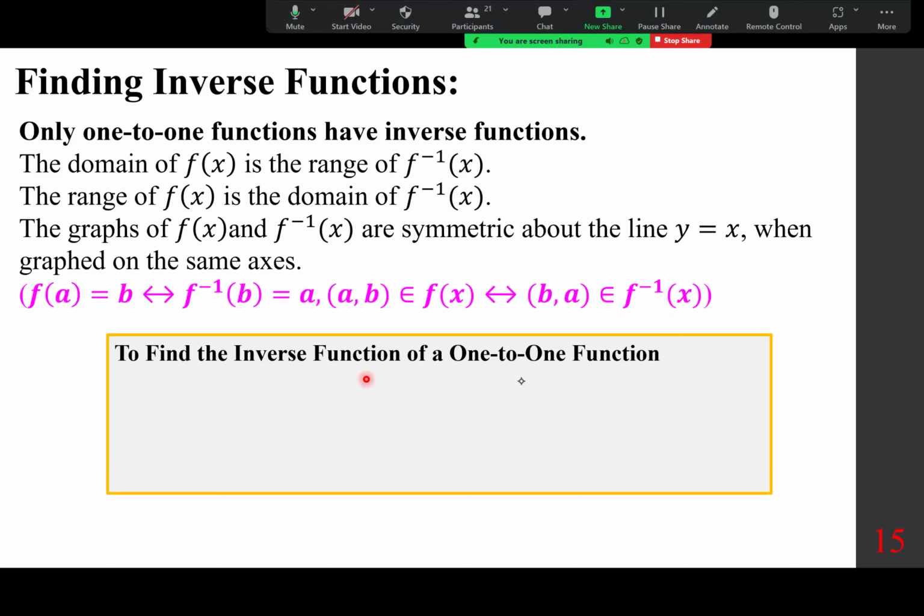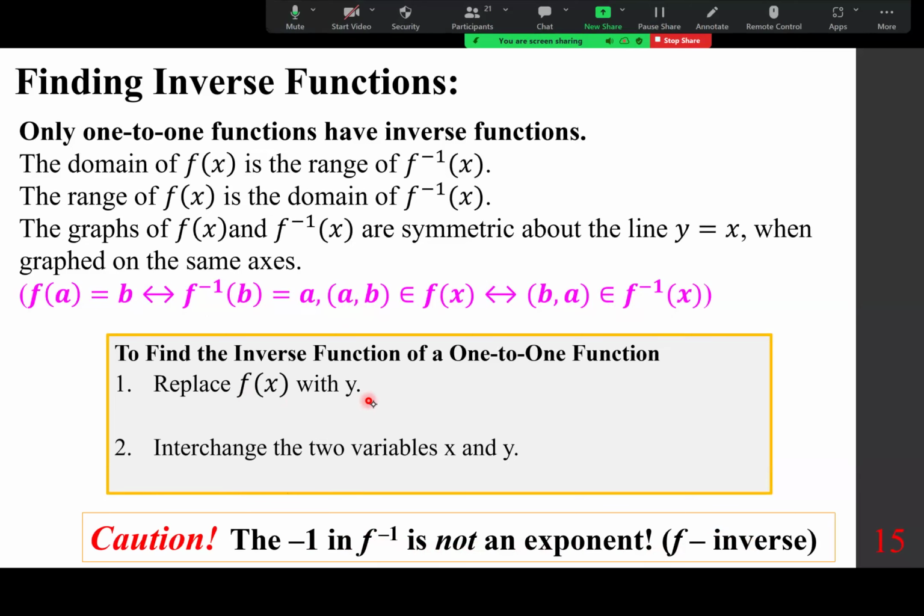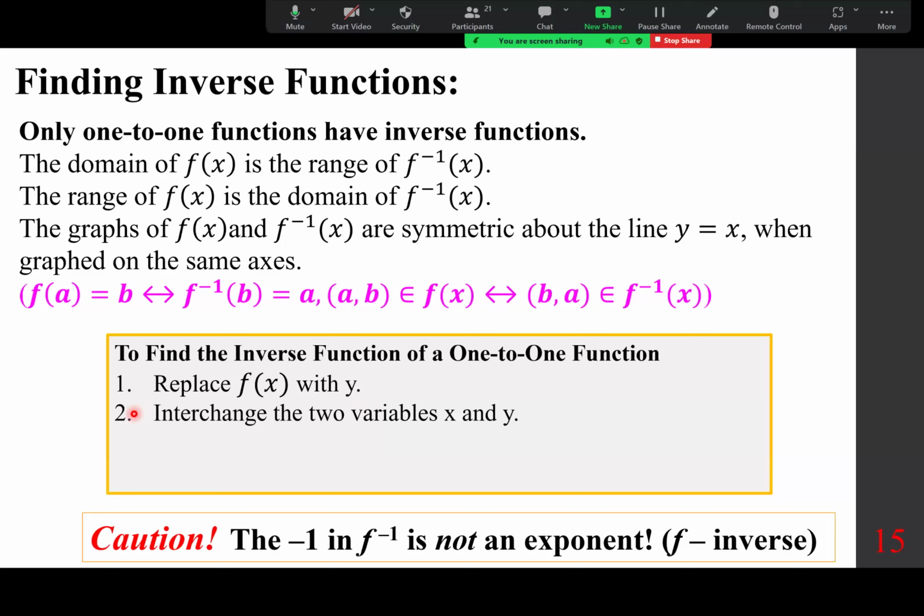To find the inverse function of a one-to-one function, and by the way, this -1 in f inverse is not an exponent. You remember that it's read f inverse. First, replace f of x with y, because it makes it easier to work with. Then interchange x and y.